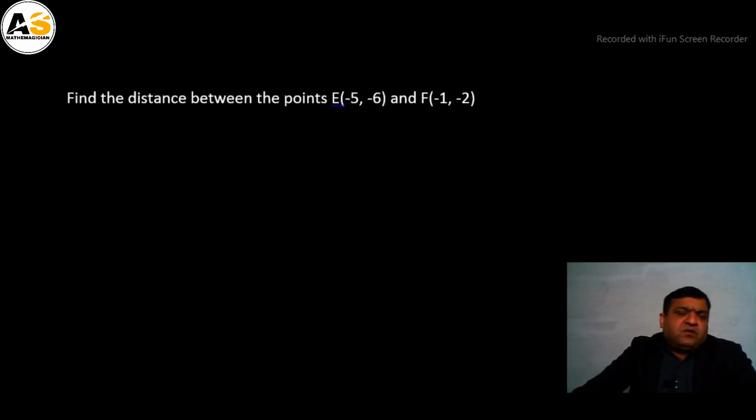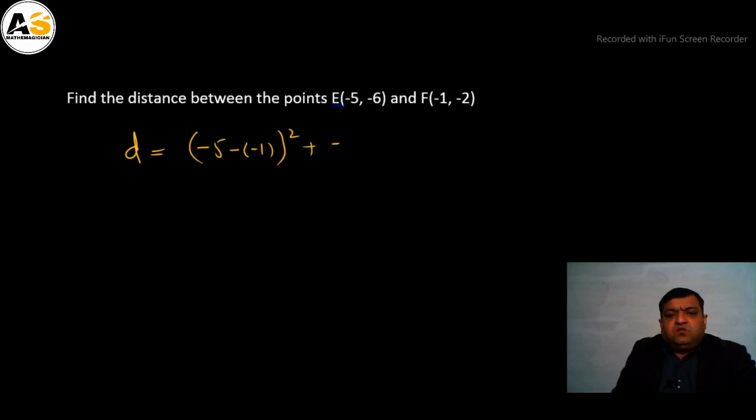Another example for finding the distance between two points. Distance is equal to the square root of (x1 minus x2) square plus (y1 minus y2) square.